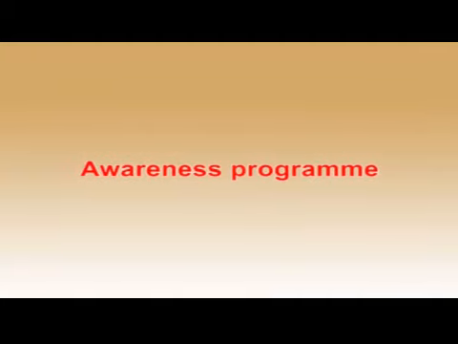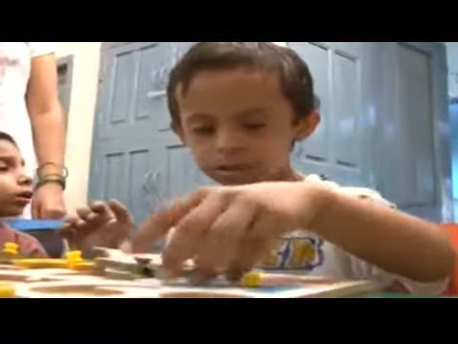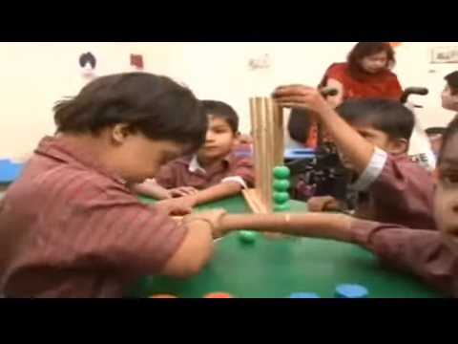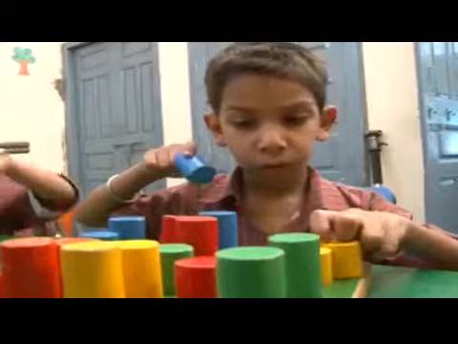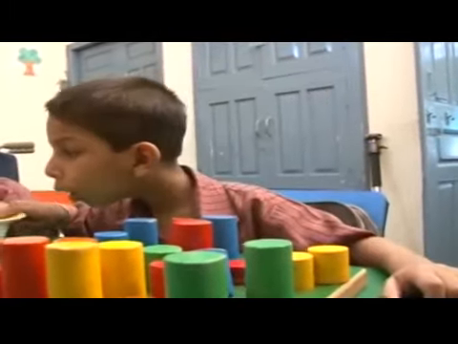Awareness program. There is no provision in the existing scheme. The proposed scheme will support programs to develop positive community attitudes towards children with disabilities and enhance respect for them.